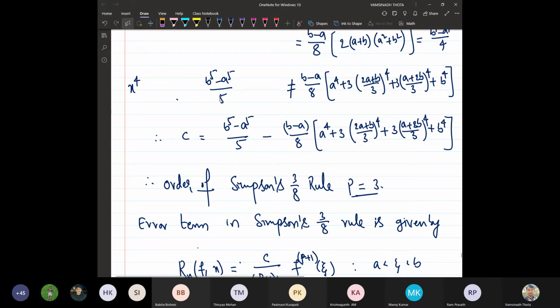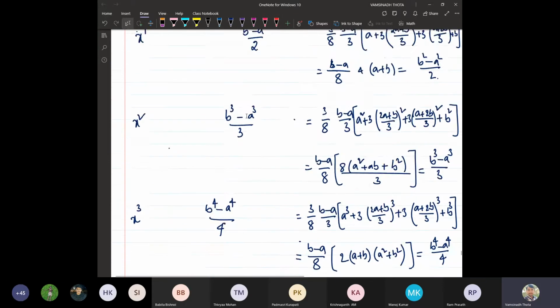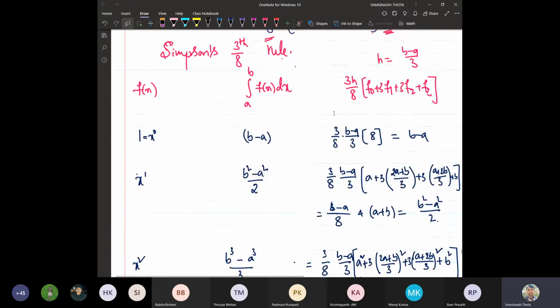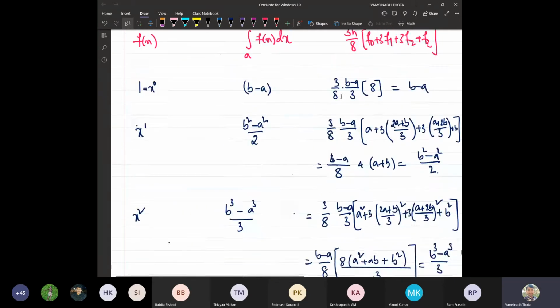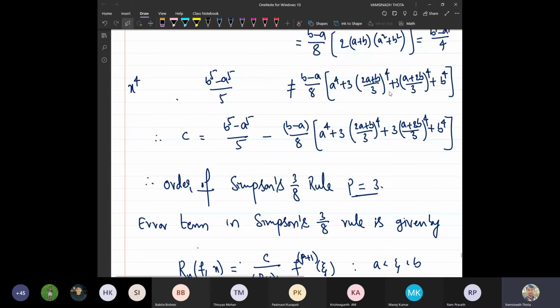But if we evaluate the integral value using the Simpson's rule formula, this is what we will get. You can do the simplification; these two are in general not equal unless a is equal to b, and if a is equal to b, there is no integration to evaluate.